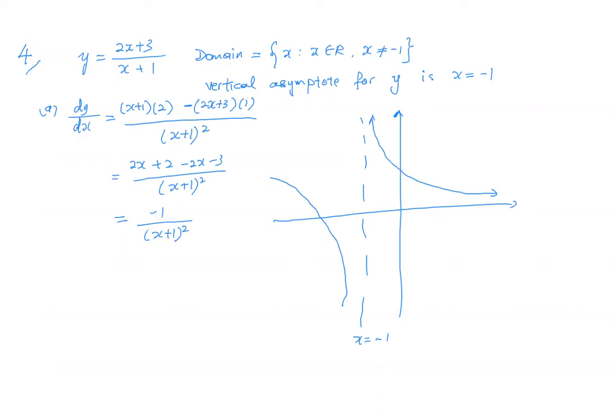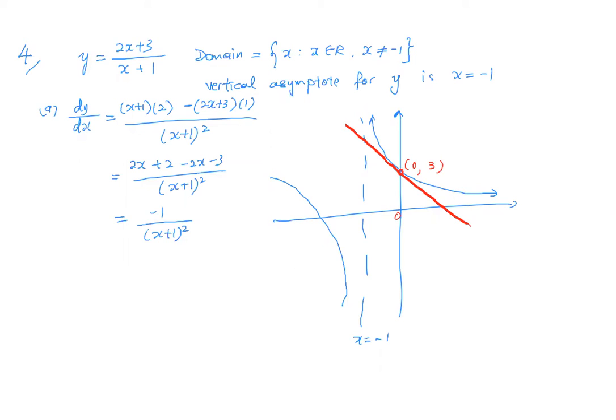So then the question says hence show and illustrate tangents are parallel. Tangent at where? Okay, now you see, they put tangent at this point. So what is the x value for this one? 0, correct? When x equal to 0, y equal to 3.